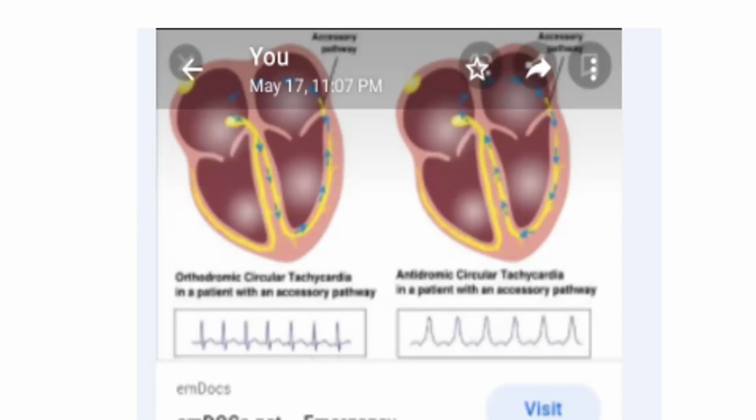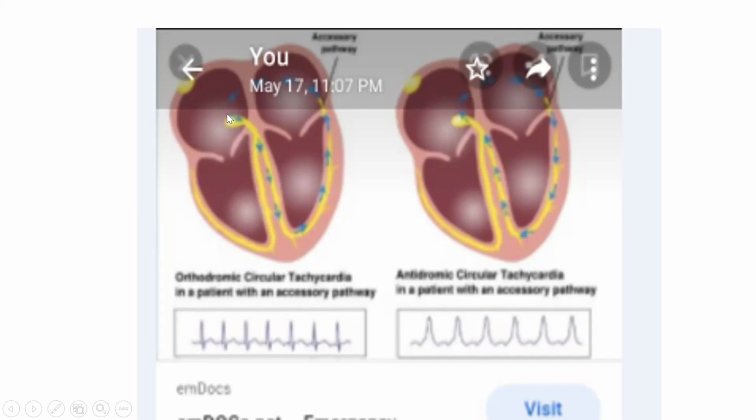Just a brief talk also on the AVRT, which is the Wolff-Parkinson-White. We have also discussed previously the orthodromic conduction and the antidromic conduction. So orthodromic conduction, which we all know, means that it's using the native conducting fibers to conduct from the atrium to the ventricle.